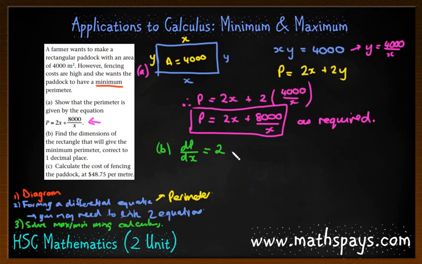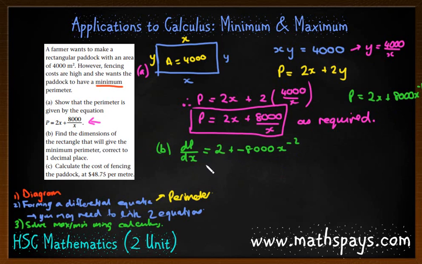We've got 2 plus, now of course we don't like it in this form, so I'm going to rewrite this, P equals 2x plus 8,000 x to the negative 1, so now I can put my negative 8,000 x to the negative 2.